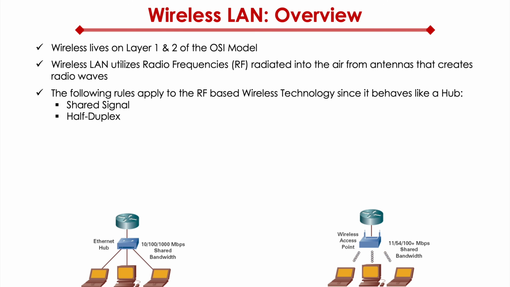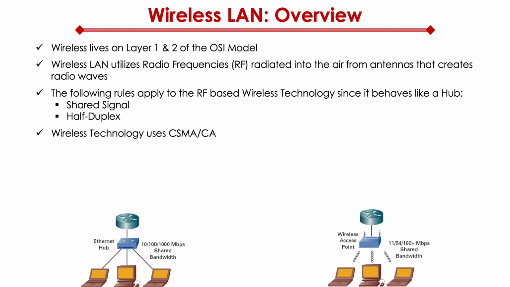So the pictures at the bottom of the screen are showing us to the left how a wired Ethernet hub looks, and to the right we see how the wireless access point operates. It's the same idea. The only difference is you're changing the medium. Instead of wired connectivity, we're now on the wireless radio frequency.